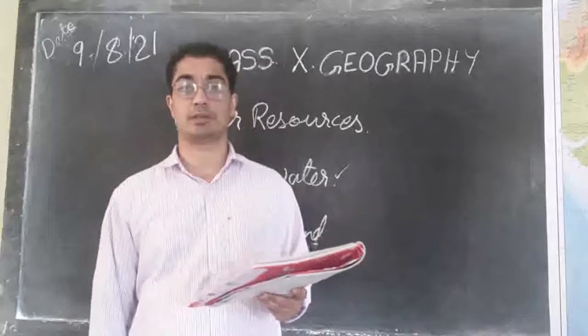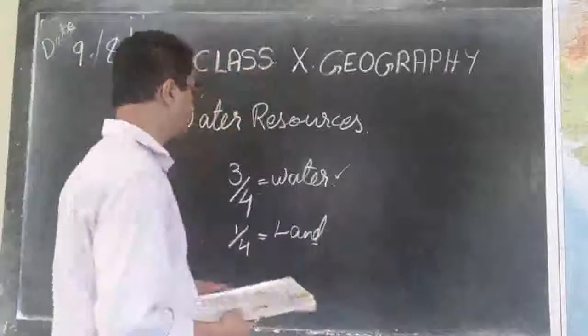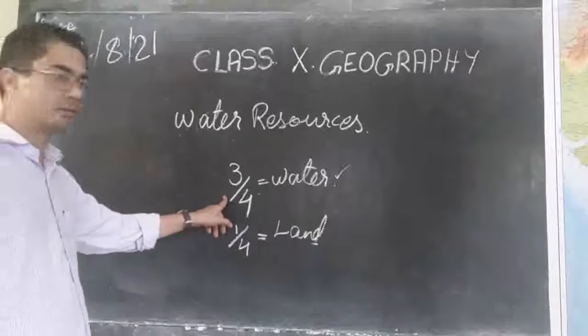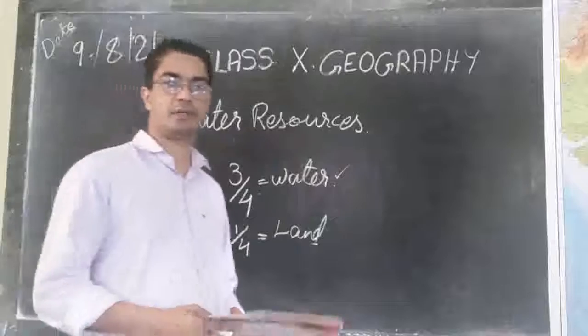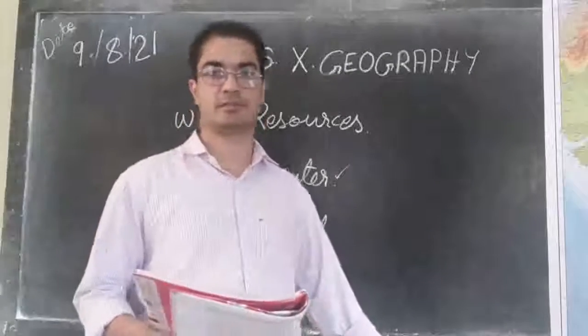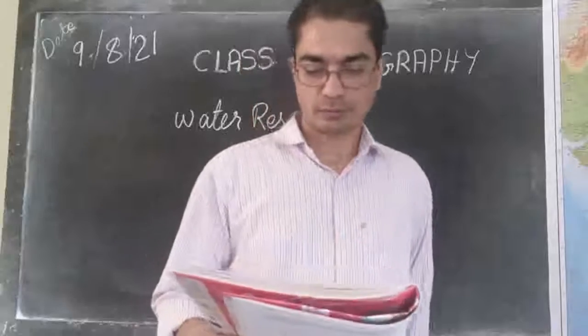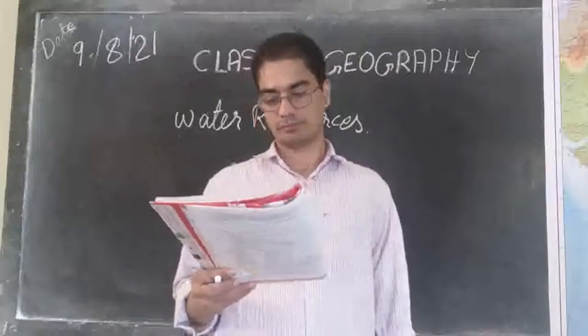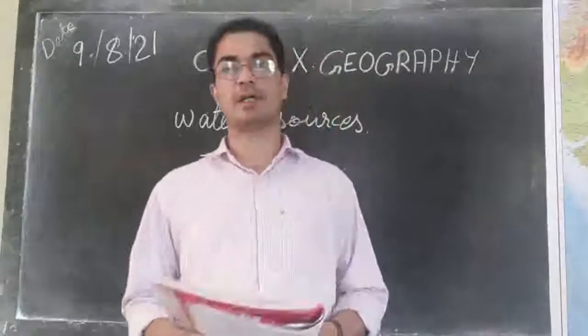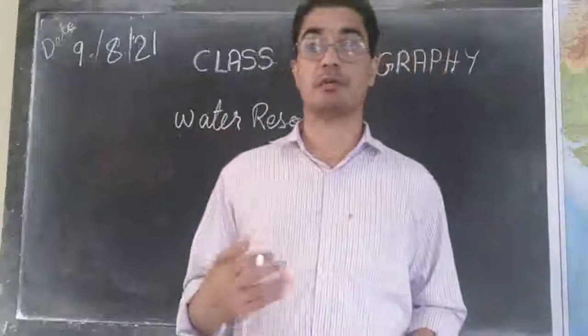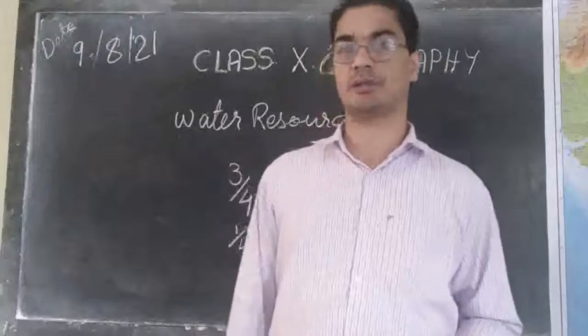And you may think, as I said, that 3/4 of the earth is water. Then why do we say the fresh water is so less? That's what we shall see now. So, a lot of countries in the world suffer for lack of fresh water.